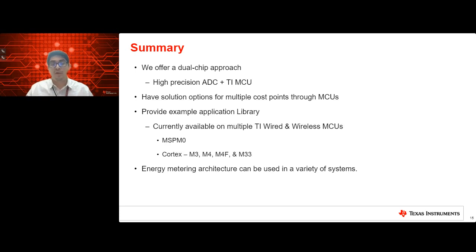We provide an example application library when you receive a reference design, currently available on multiple TI wired and wireless microcontrollers, the MSP-M0, or if you need a Cortex M3, M4, or up to M33, that would be on the wireless microcontroller side. And the energy metering architecture can be used for a variety of systems, as Jaya was saying, not just for metering, but going into AC and DC charging as well.